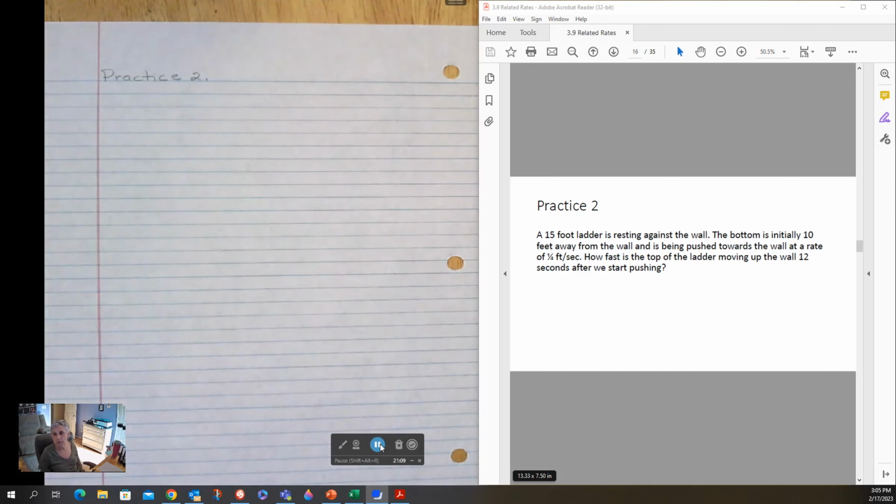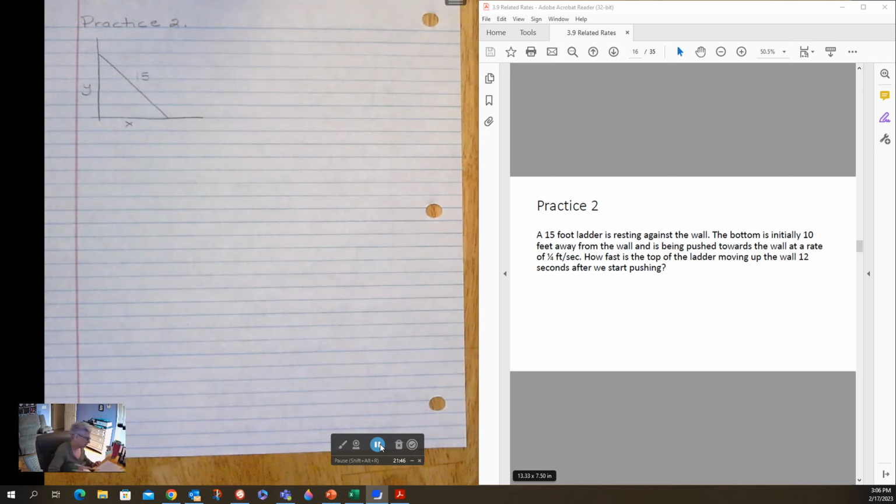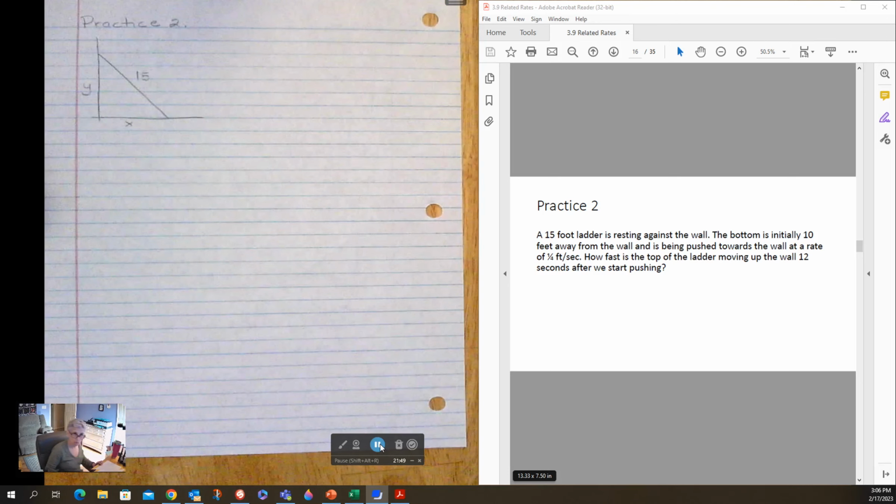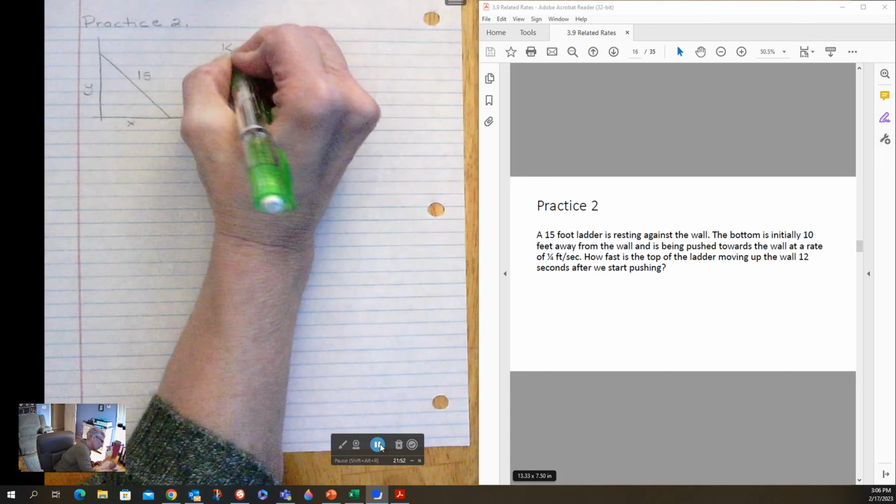The hypotenuse, the length of the ladder, still does not change. I'm still going to call this guy x and this guy y because it makes me happy to be consistent. Make sure you can see that 1 there. What do I know?